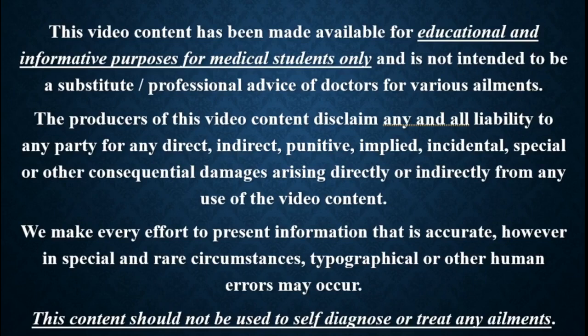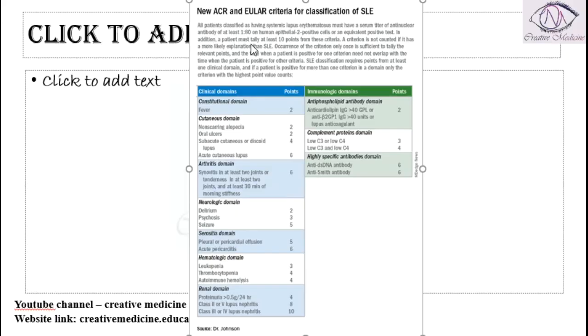In this lecture, we will learn about the new ACR and EULAR criteria for classification of SLE. We have new criteria, that is the constitutional domain. In the constitutional domain, fever is given 2 points, and then we have the cutaneous domain.